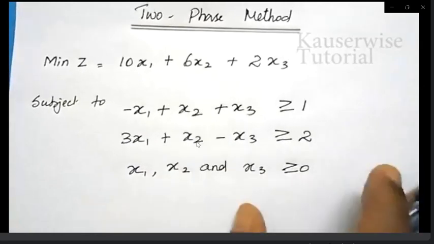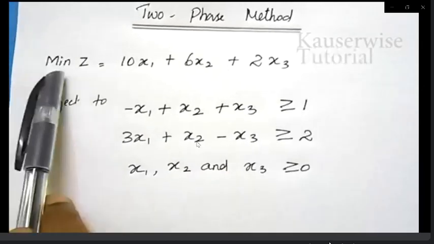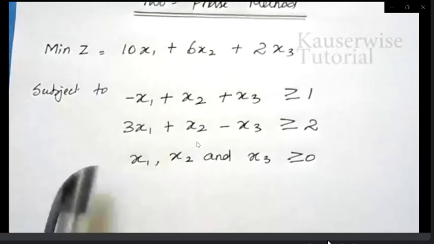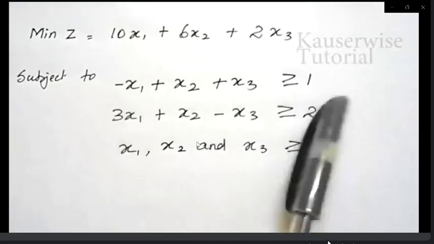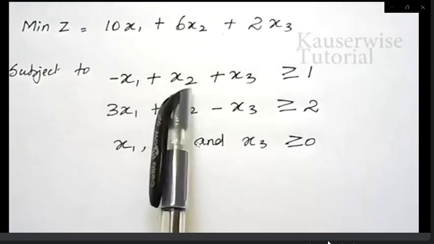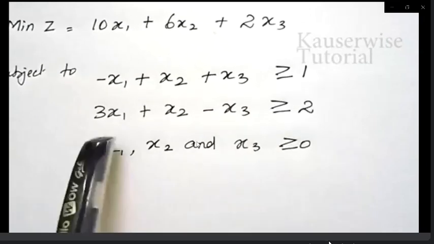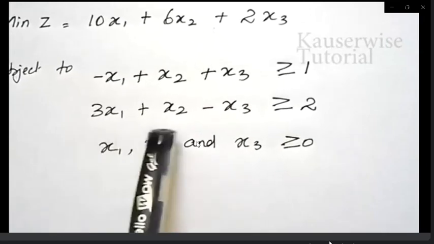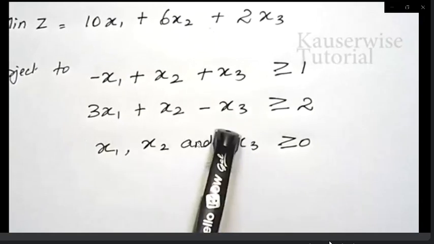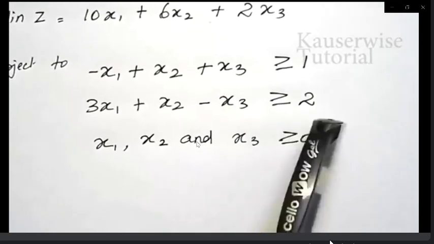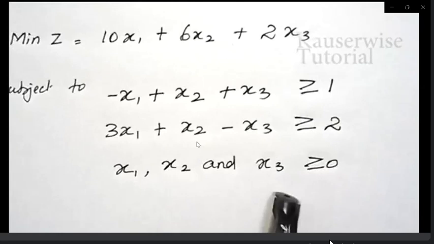But here we need not worry about that. Look at the constraints. Subject to: the first constraint is minus x1 plus x2 plus x3 greater than or equal to 1. Next, 3x1 plus x2 minus x3 greater than or equal to 2. x1, x2 and x3 greater than or equal to 0.